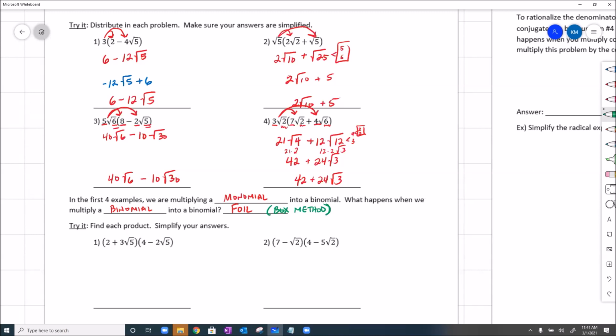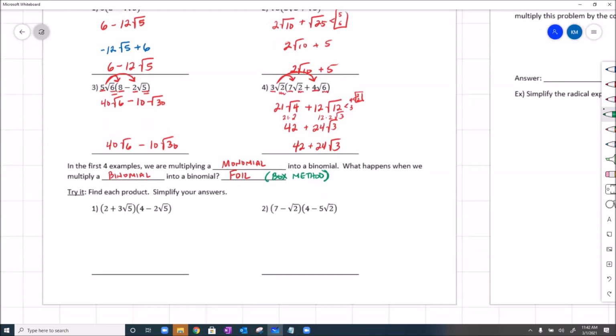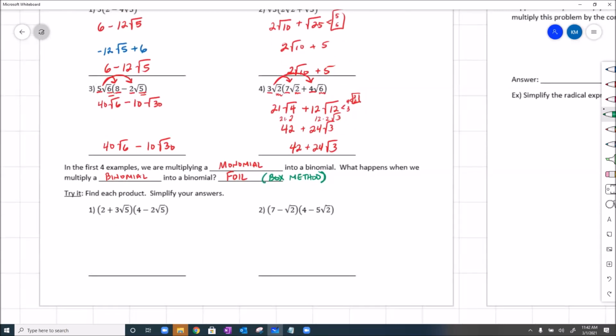As you know from last chapter, I like how the box method keeps my answers and my work restricted in one place, and I can find my like terms a little bit easier. But either way, FOILing and the box method are the same operation, just a different way to organize it. So let's look at it.